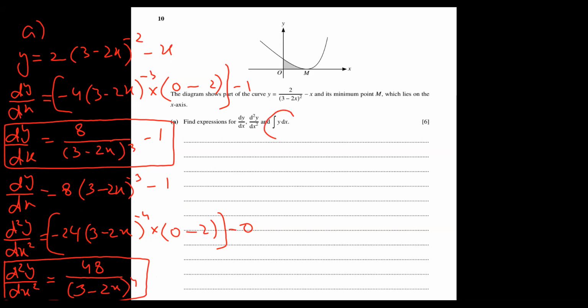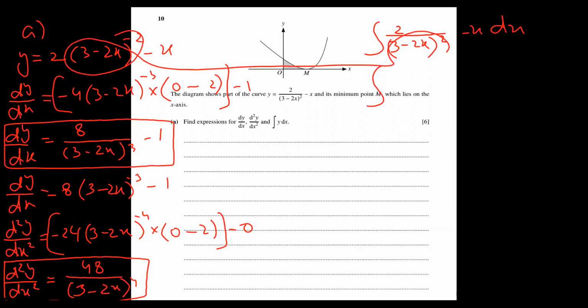Let's go for integration now. So what is integration? Basic criteria. Let's start integration: the integral of 2 over (3 minus 2x) to the power 2, minus x, dx. First of all, as you know, we have to bring it in the numerator before starting integration.